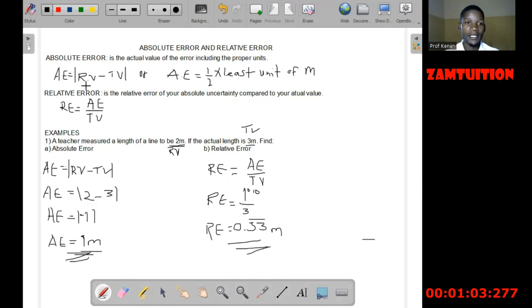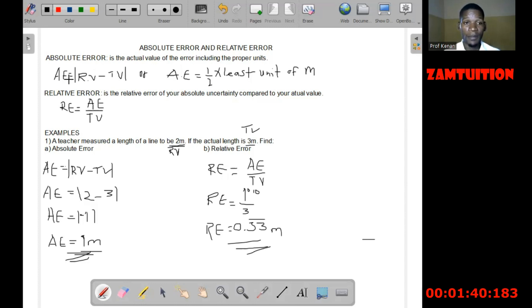The first one says absolute error, where there is AE. AE stands for the absolute error, RV stands for the recorded value, and TV stands for the true value. These are initials that I'm just using.